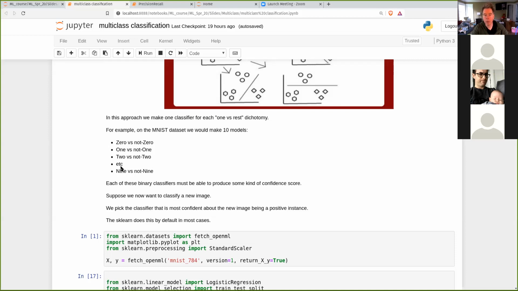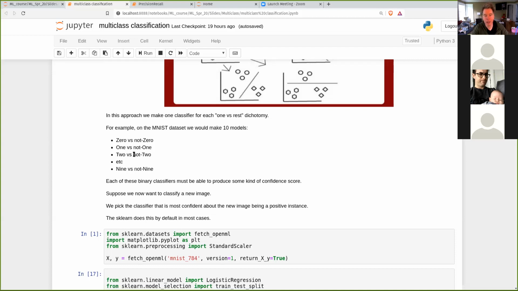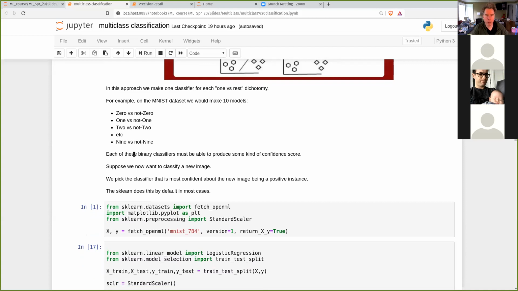Then of those that say yes, you pick the one that's the most confident. Maybe 5's probability estimate is 0.99, and for the other cases where the answer was yes, the probability is less. So you take the model that says yes, it's my type, that's the most confident. Things can go wrong, like what if everybody says no, but in general it works pretty well.